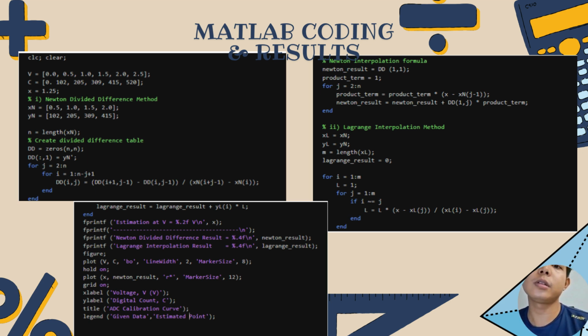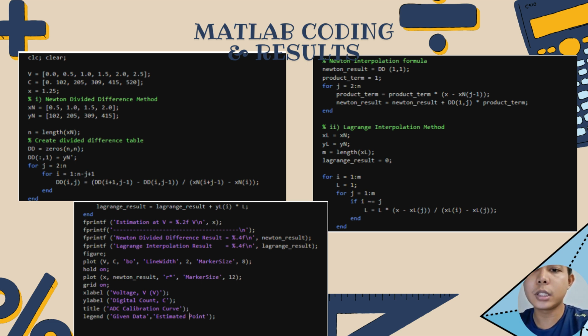For the Newton divided difference method, we put xn inside the bracket: 0.5, 1.0, 1.5, and 2.0. And for yn, we put 102, 205, 309, 415.